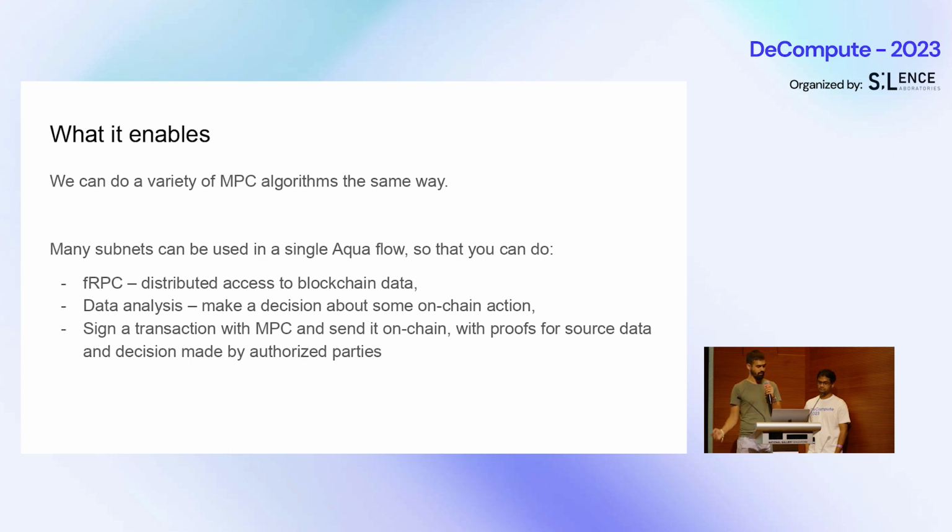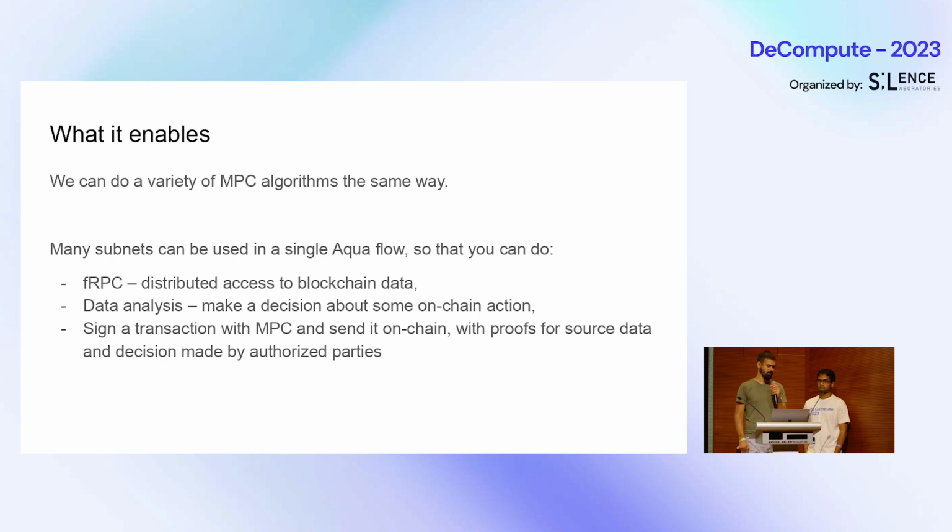For example, we can take Fluence RPC, which provides distributed access to blockchain data. That's another demo that we have. To read blockchain data, then we can deploy a subnet for data analysis that takes the data from RPCs and makes some decision based on the on-chain events.